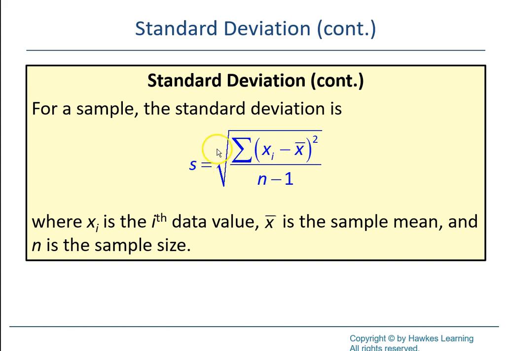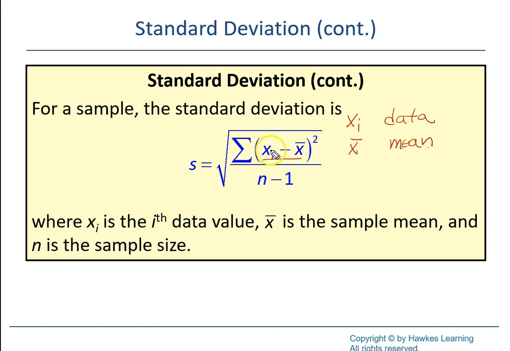And what does it refer to? Well, again, it's the sum of these. And what did we say this was? Well, this x sub i is an item of data, one item of data. Now, we know that x bar is the mean or average.